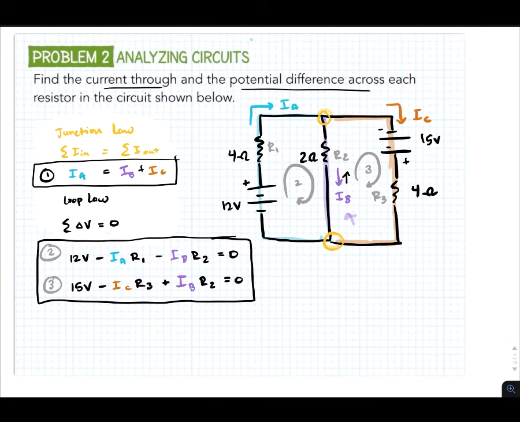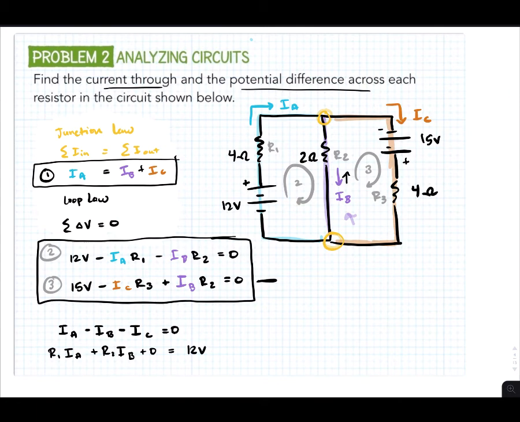What we're going to do is try to line up all the currents, and let me show you what I mean. So we want to rewrite this equation as IA minus IB minus IC equals 0. Then we'll rewrite this equation as R1 IA plus R2 IB plus 0 equals 12 volts.